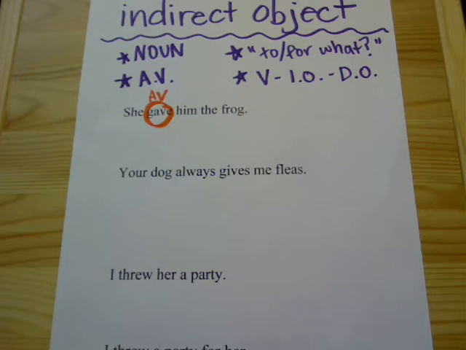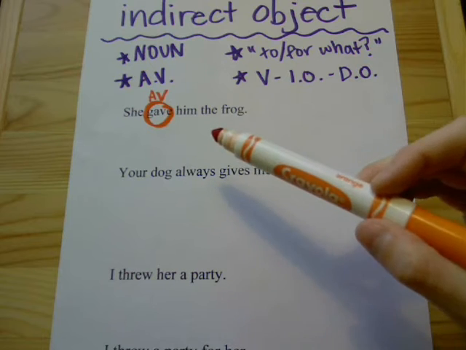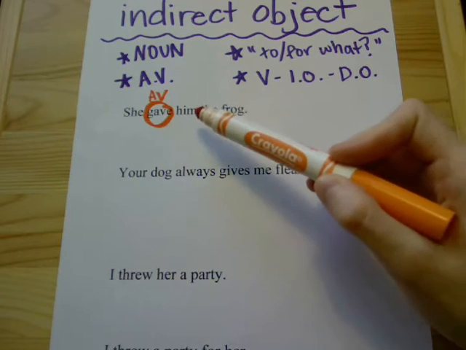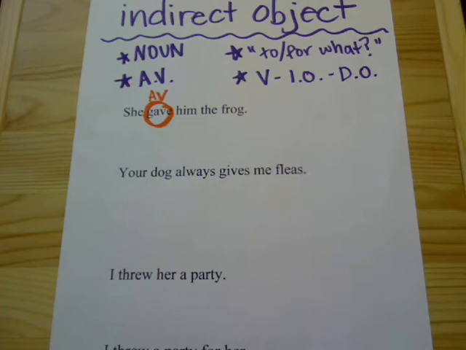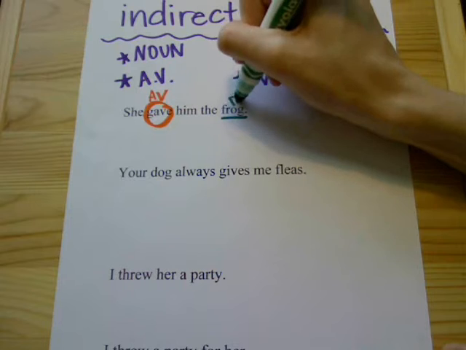Let's find our direct object first. She gave what? Well, she's not giving him. She is really giving the frog. This is where your logical brain has to come into play. So our direct object here is frog.